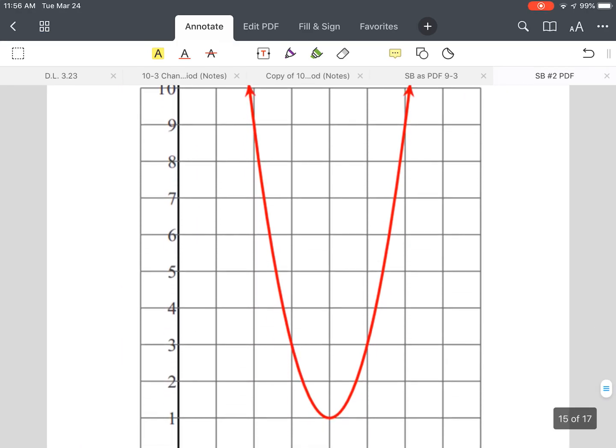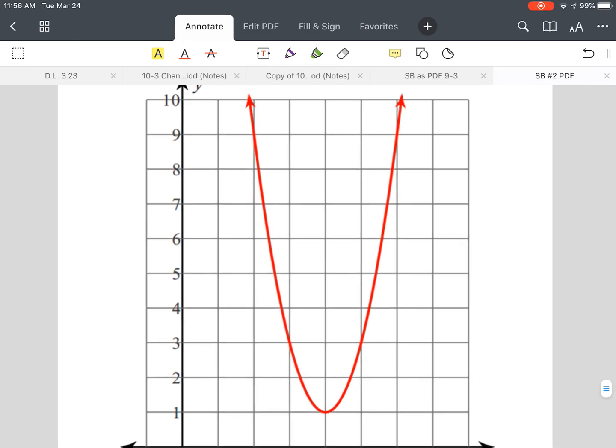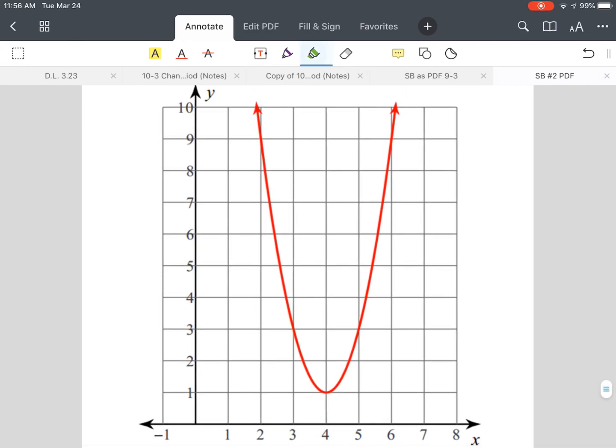Okay, let's take a look. So here we have another one. Let's highlight the vertex here. So that is the point 4, 1.